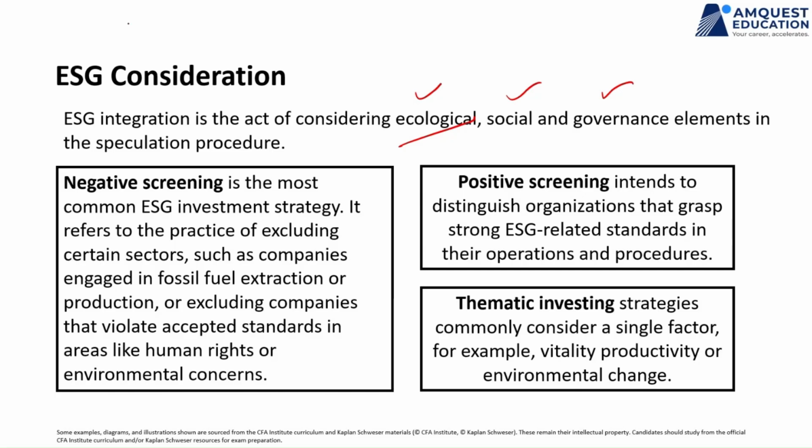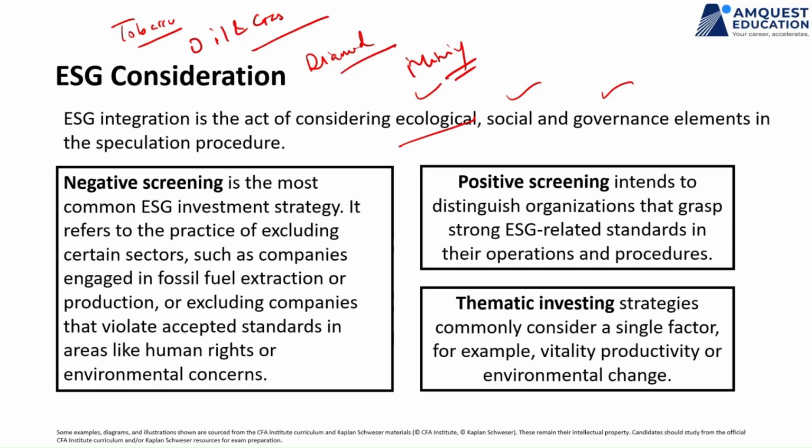So, companies operating or manufacturing tobacco, companies which are manufacturing oil and gas, companies which are diamond oriented businesses. These are typically businesses, entities which may have negative screening, because some of these businesses, mining, because we are talking about human rights, mining is a business which is negative for ESG.